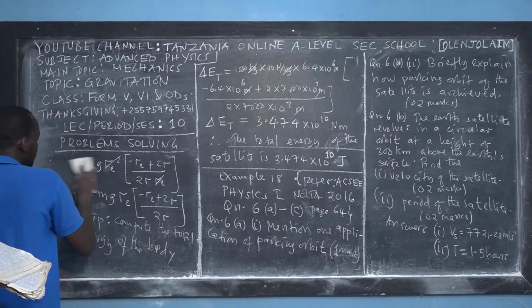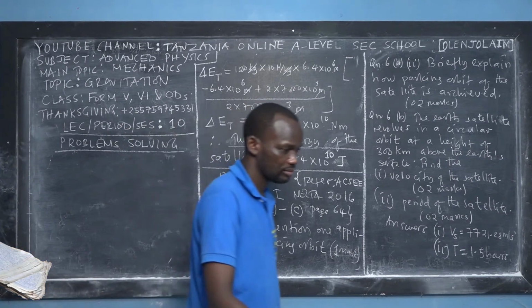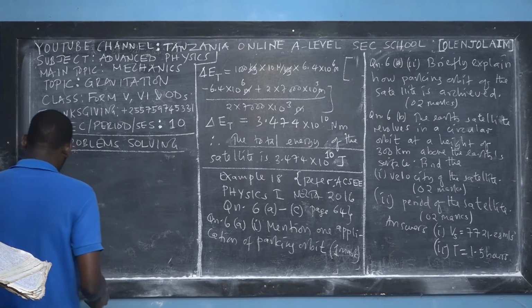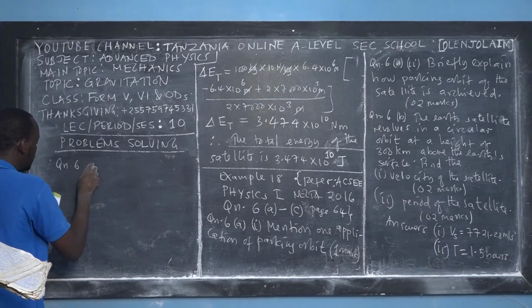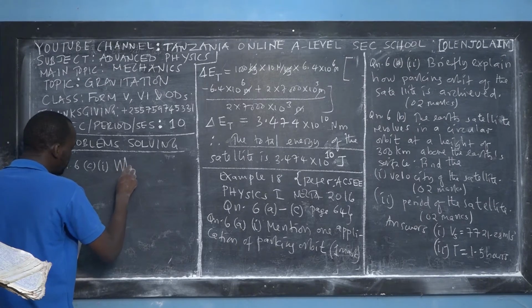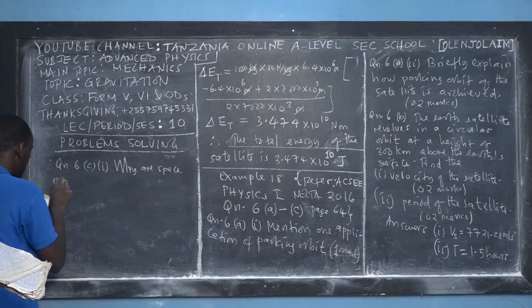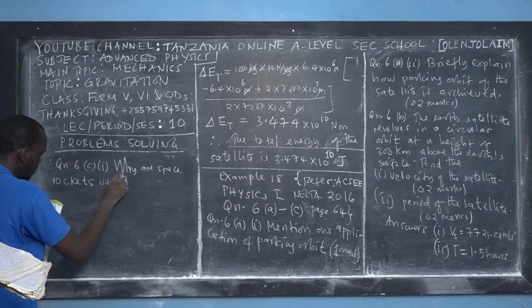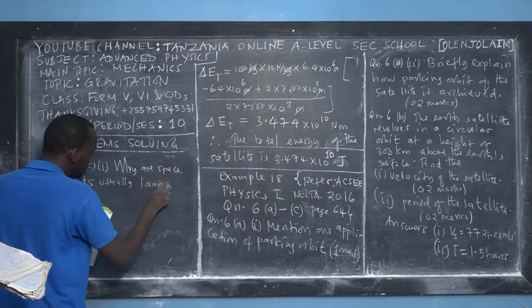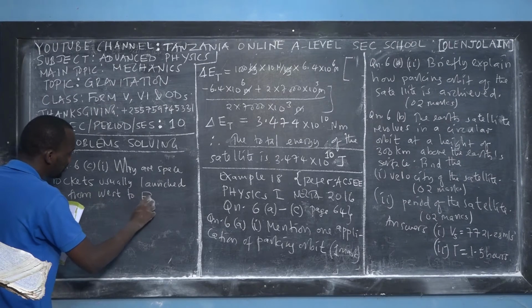Then part B of this question, question 6, C part 1: Why are space rockets usually launched from west to east?